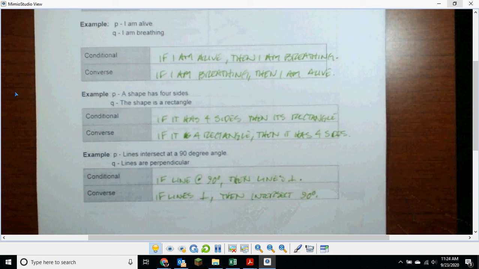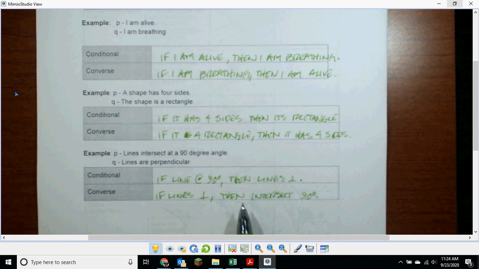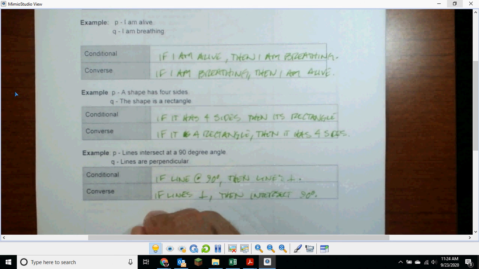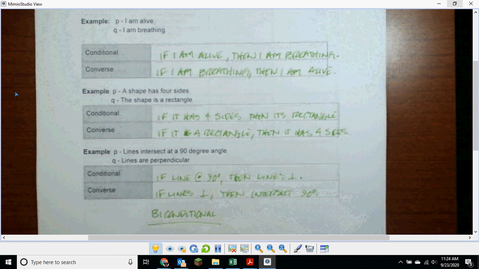In this case, they are both true. If lines intersect at 90 degrees, then they're perpendicular. Yes. If they're perpendicular, then they intersect at 90 degrees. This is what's known as a biconditional. If both the conditional and the converse are true, then it's called a biconditional.